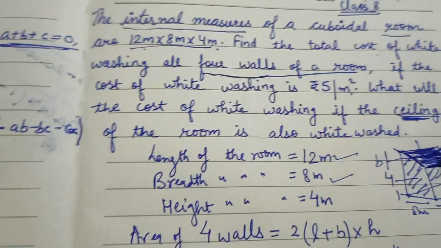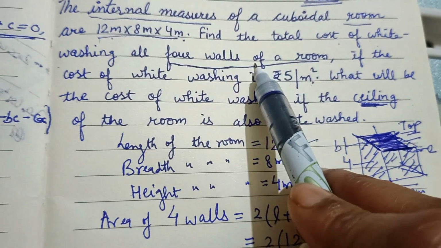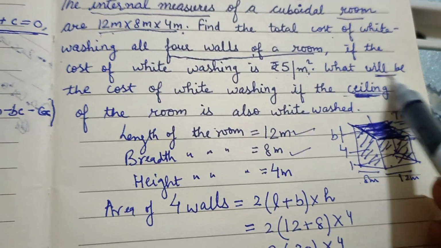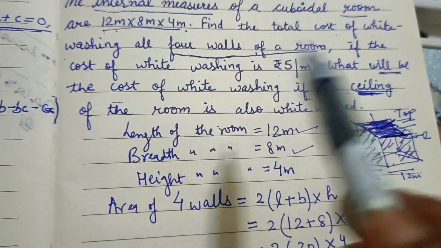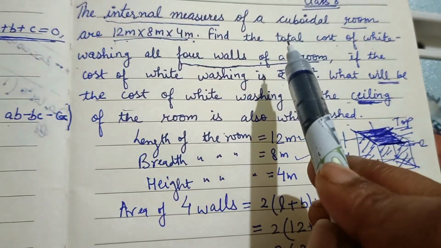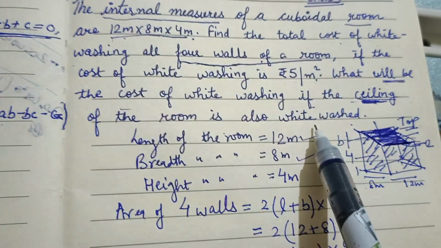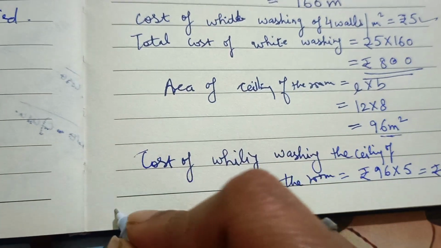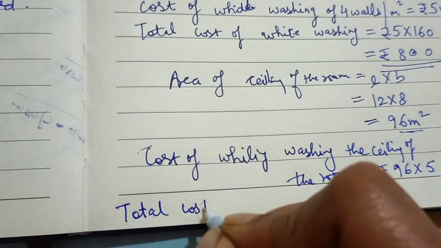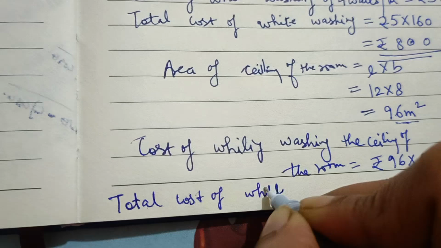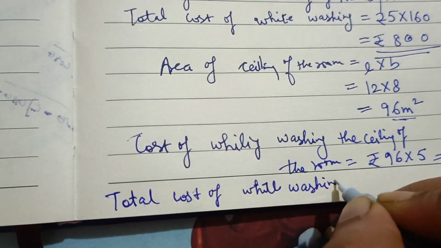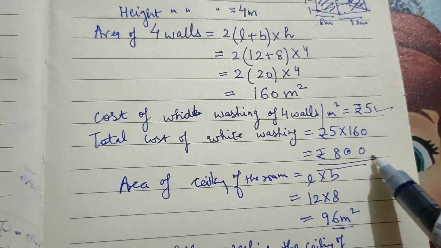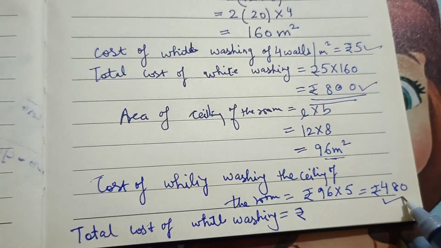Now we have found the cost of the 4 walls and the cost of the ceiling. We need to find the total cost of whitewashing if the ceiling of the room is also whitewashed. It means we add the cost of the 4 walls plus the cost of the ceiling, right? The 4 walls cost rupees 800 and the ceiling costs rupees 480.